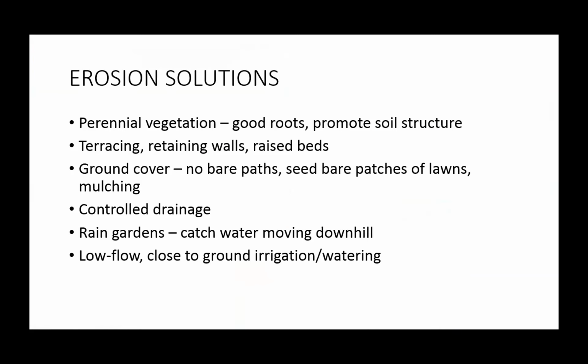So keep ground cover there, terracing if it's steep enough, and controlling drainage so you don't get water moving over bare soil. Also use low flow irrigation, because the rain splash from overhead watering on steep surfaces increases your erosion down the slope because of the impact of the watering.